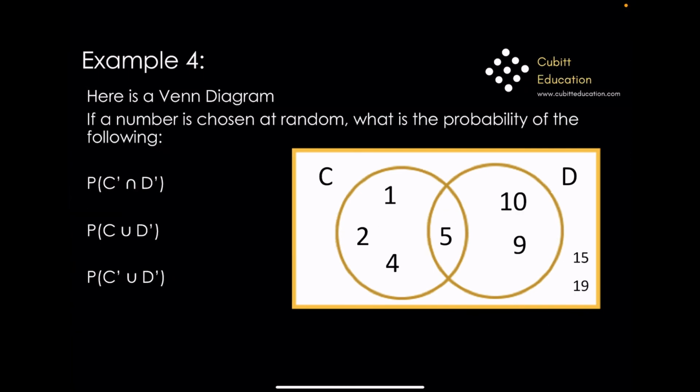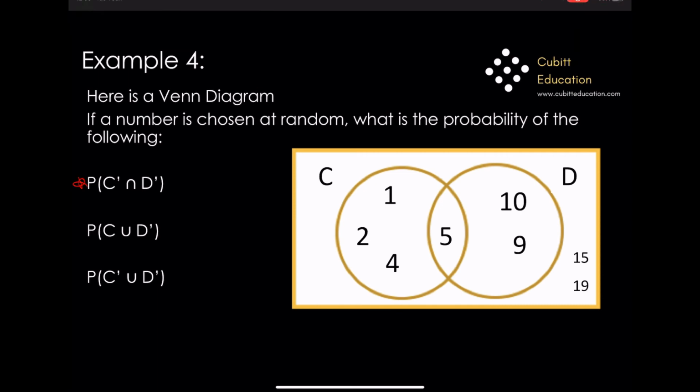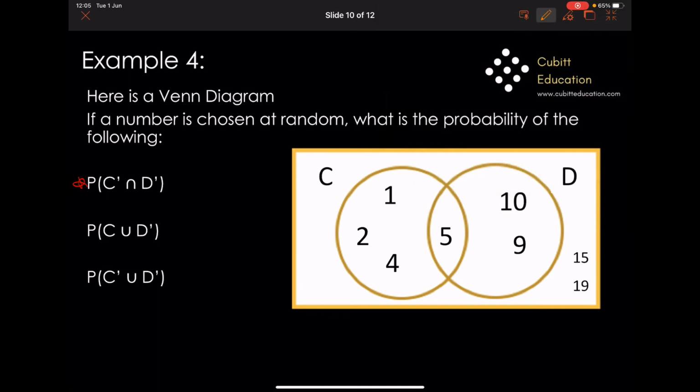One more Venn diagram, and it says, if a number is chosen at random, what is the probability of the following? These are a little bit more complicated now, so if you want to pause the video, please do. I'll just explain a little bit. This one is saying, what is the probability of the complement of C intersect the complement of D? That basically means not C intersect not D, so only the numbers outside.